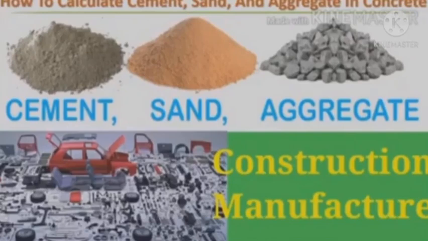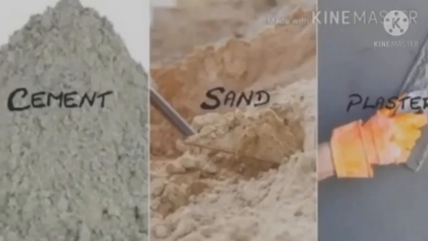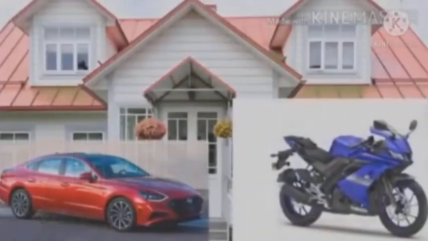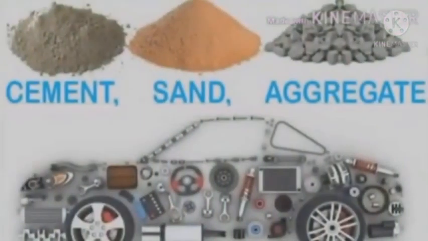Tires, motor, mechanical parts, metal are the main things for the manufacture of a vehicle. With the help of these things only, we can construct a house as well as manufacture vehicles. Without these things, construction and manufacture is impossible.